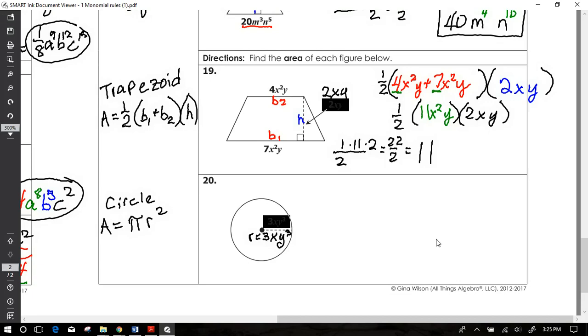Now let's deal with these exponents. So my bases are x and y, and this will be my final answer when I'm done because I see I only have one term left. So the x has a 2 and a 1, which is 3. My y's are 1 and 1, which is 2. And I'm finished.